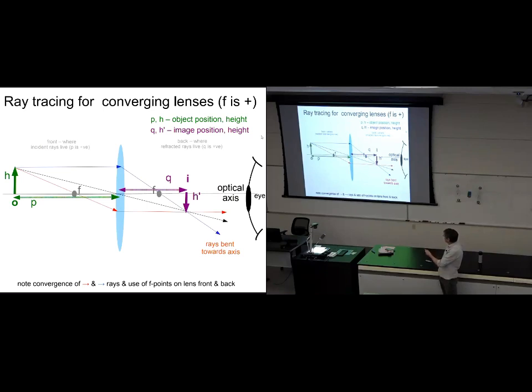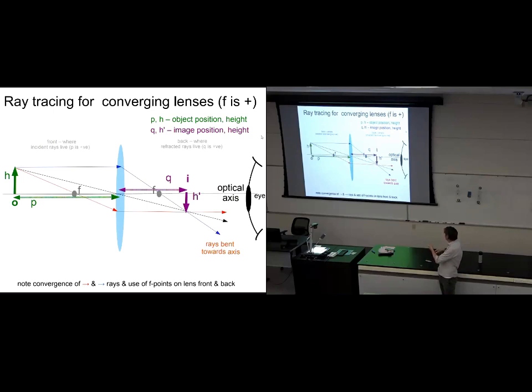I've marked the object position. So maybe we're looking at a fish in a lens, or maybe I'm looking at a cell or a star. Here's the object position. Again, I'm representing it as this vertical arrow to indicate its size and its location.